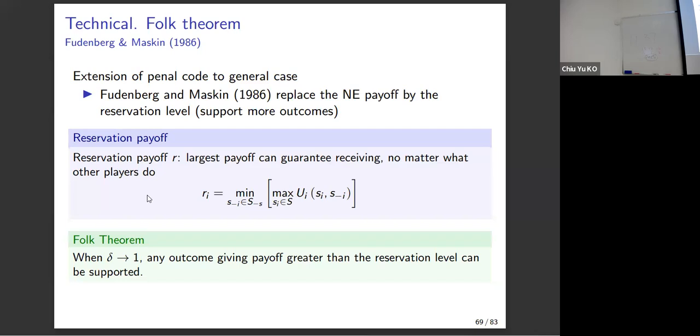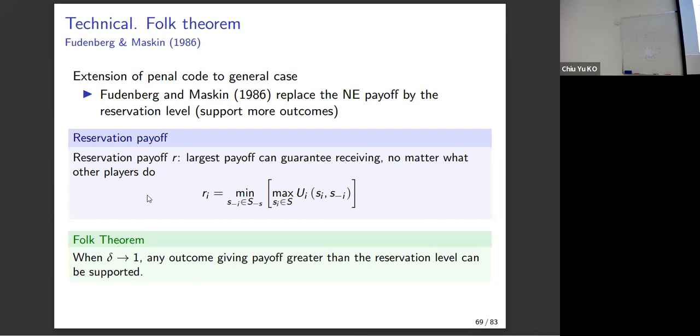That payoff is called the reservation payoff. It's the worst thing, the minimum I can guarantee, because no matter what you do, I can find the safety bottleneck. They call it the min max, right? The maximum you can do while they try to minimize you. And you don't worry about this part.